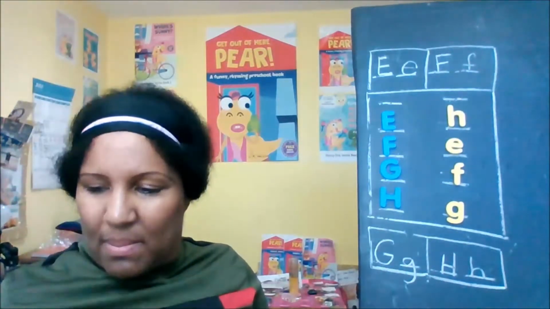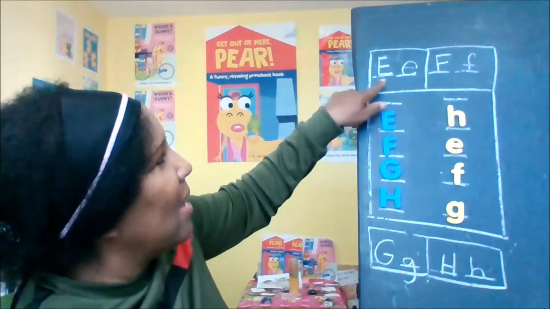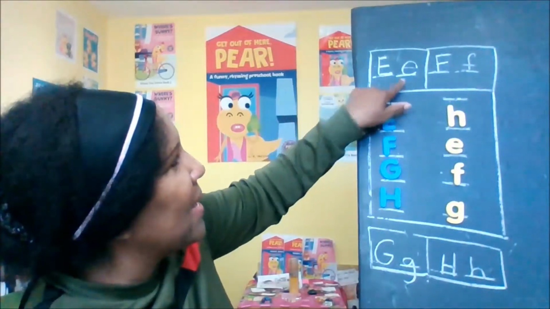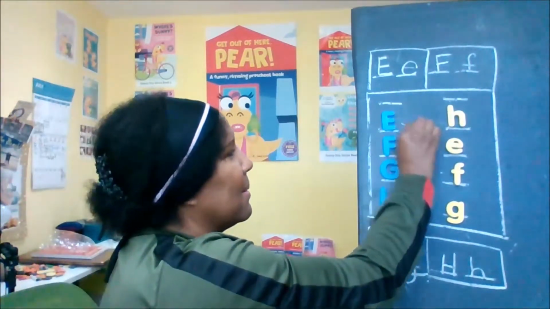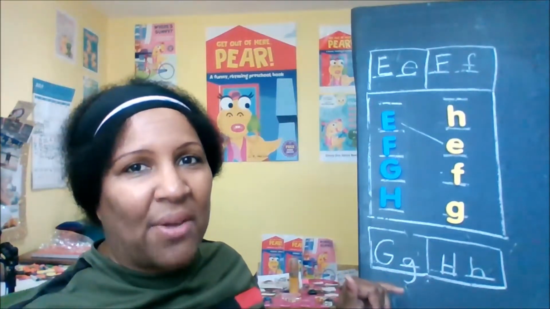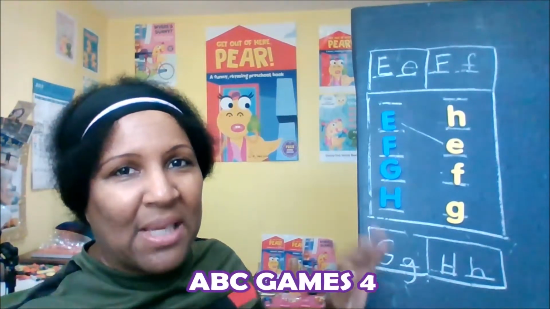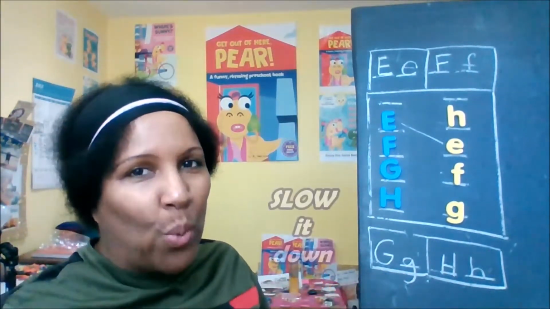So I hope that what I have up here helps. E goes with E. That's big E, little E. I'm doing this part fast because we did these letters the other day. That would be in ABC Games 4. This is ABC Games 5. So we're going to move through this. When we get to M, we'll slow it down.